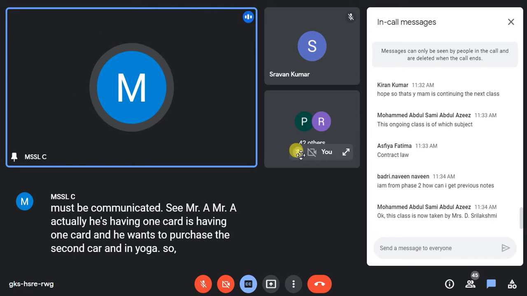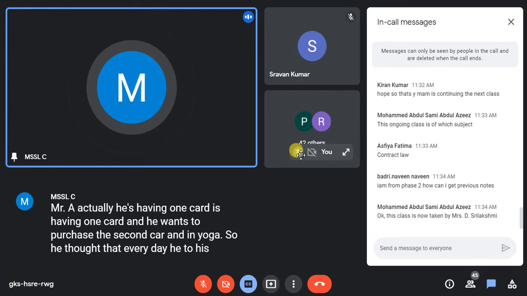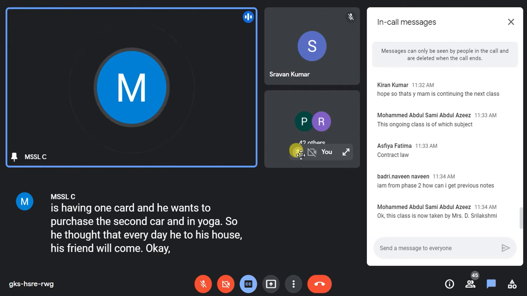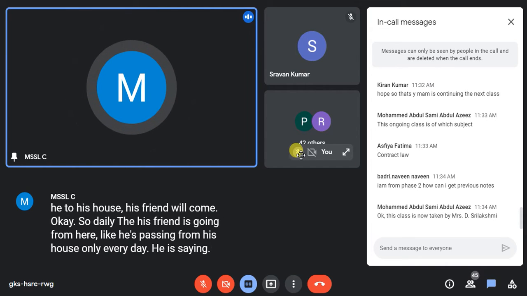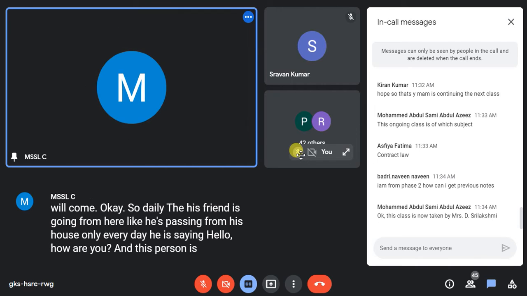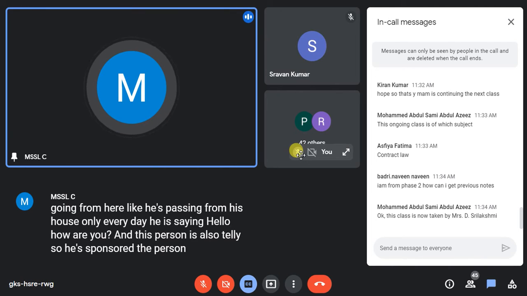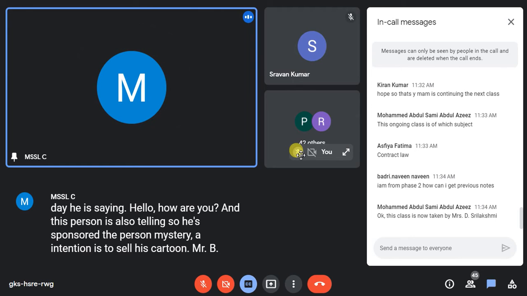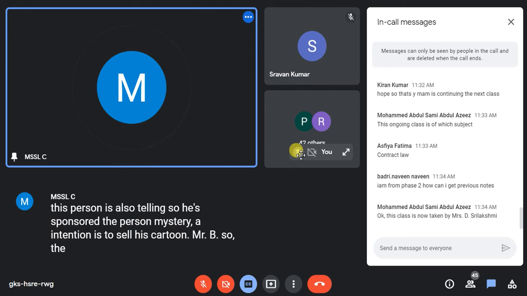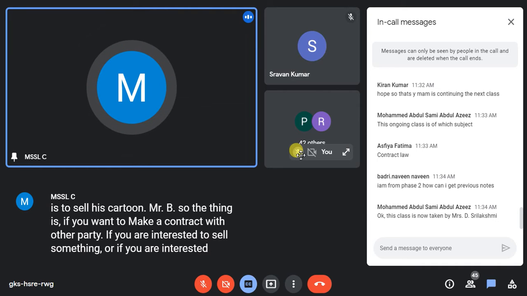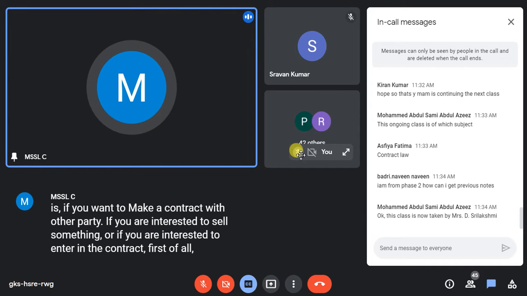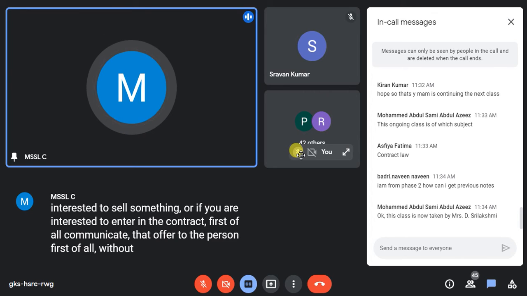So every day his friend passes by his house, saying hello, how are you, and this person is also replying. Mr. A's intention is to sell his car to Mr. B. So if you are interested to sell something, or to enter into a contract, first of all communicate that offer to the person. Without communication, how can the offer start?